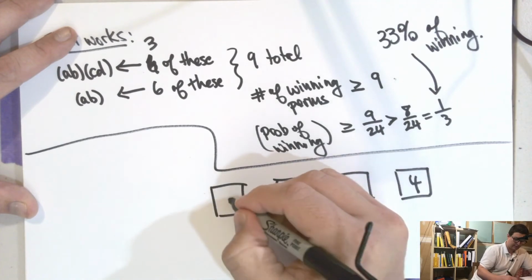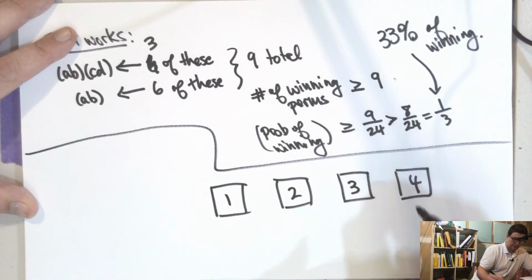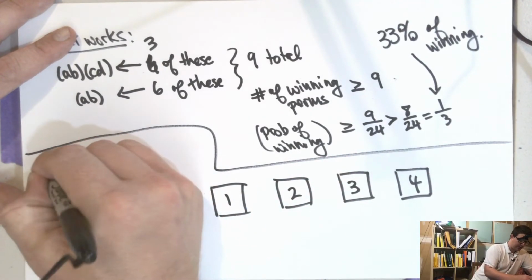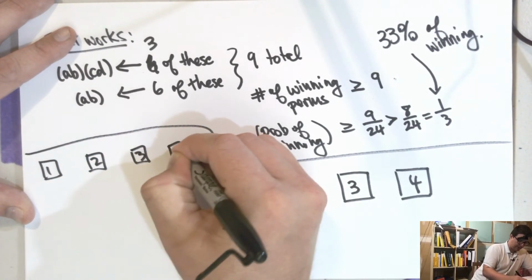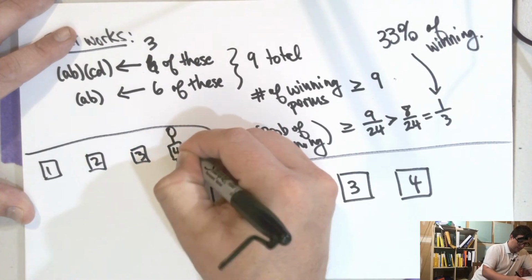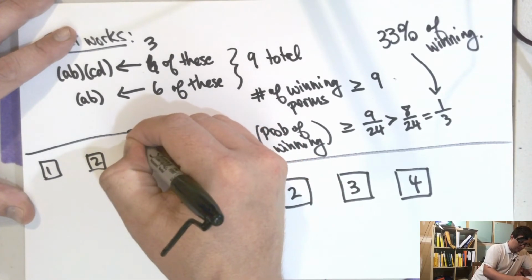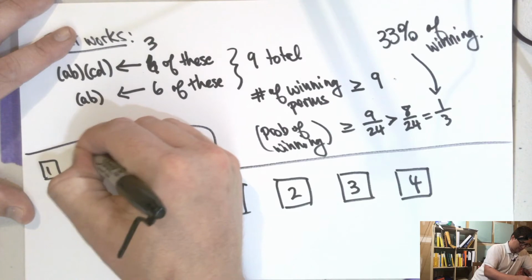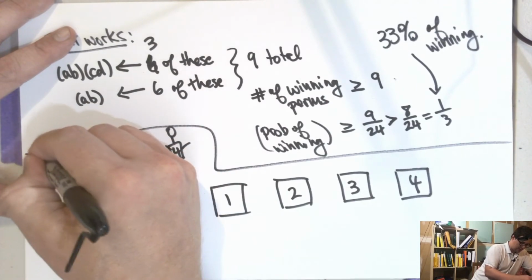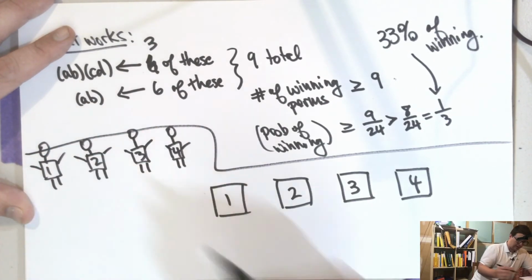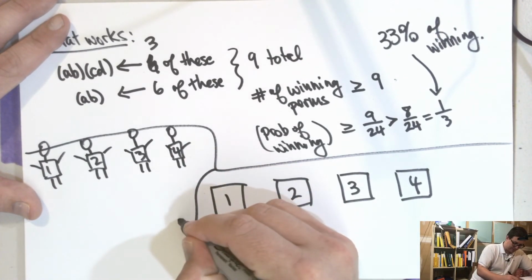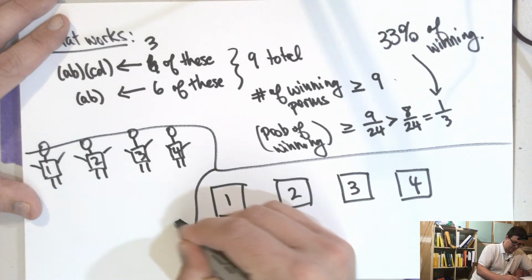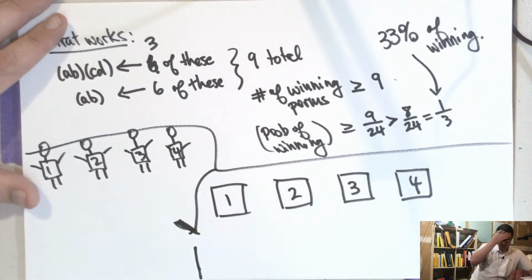Okay, so here's person 1, here's person 2, here's person 3, here's person 4. Okay, so here's box 1, here's box 2. Let me make a little room here. The door opens on the other side now. Okay, so here's the room.